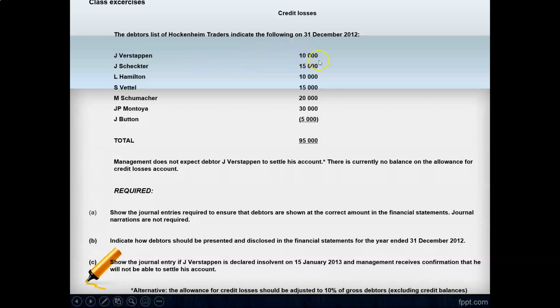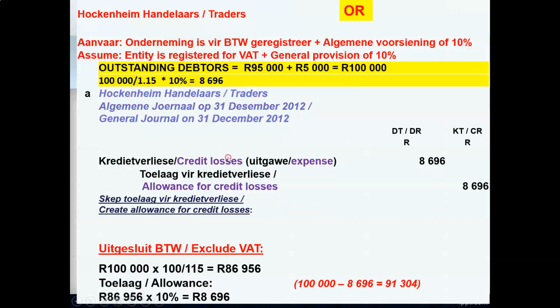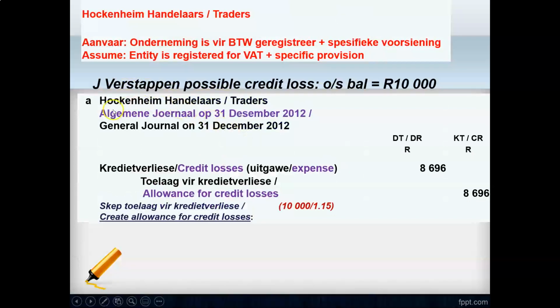What is his outstanding balance? 10,000 Rand. We are a VAT registered vendor, and we assume a VAT rate of 15%. So, we say that his outstanding loss is 10,000 Rand, but how much of that loss will come out of the back pocket of Hockenheim? Only the VAT exclusive part, because eventually if we're going to write off that debt, we will be able to claim back the VAT.